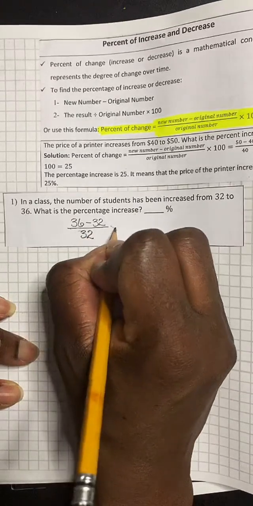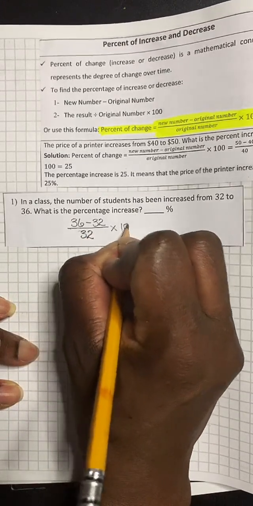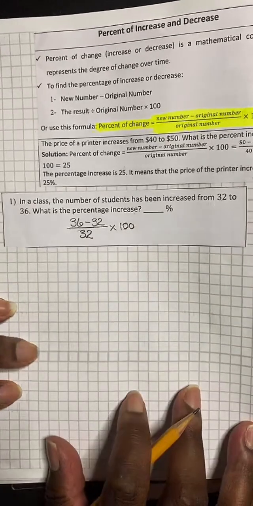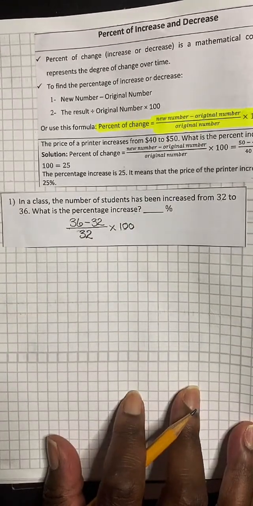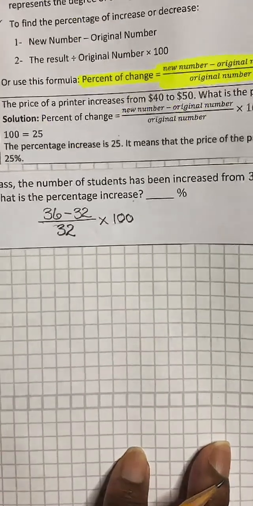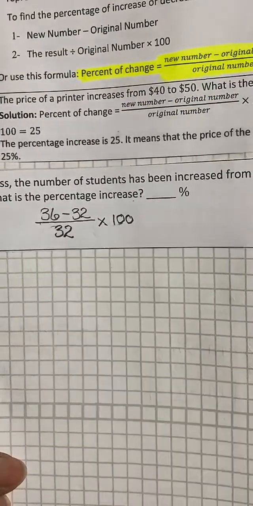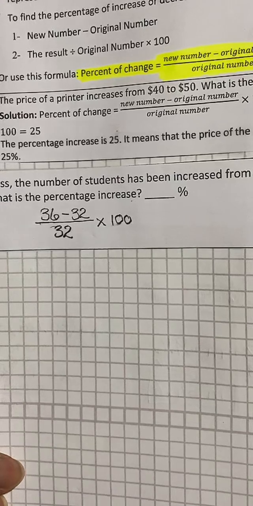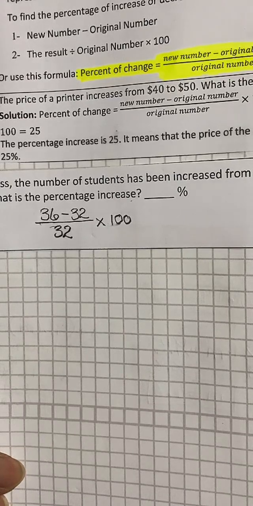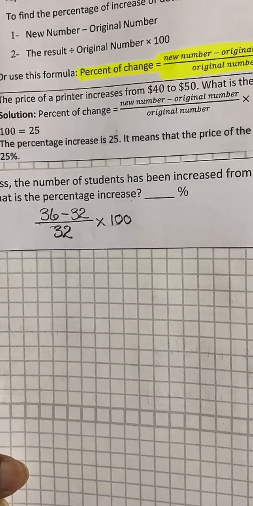And we're going to take that and multiply by 100. So 36 minus 32 gives me, I know I'm insulting your intelligence, but tell me what my percentage would be.